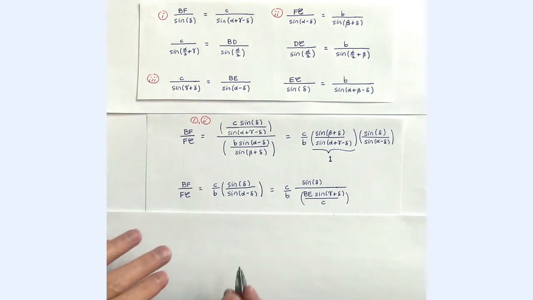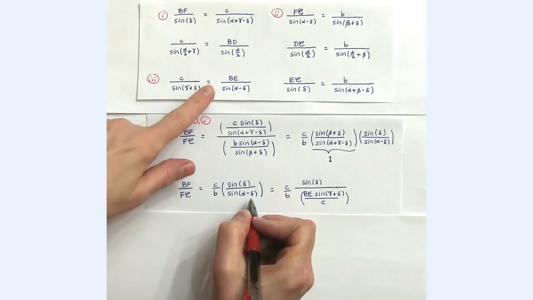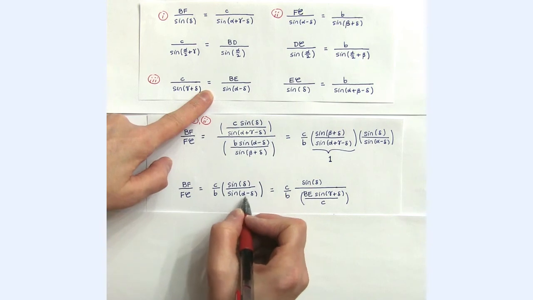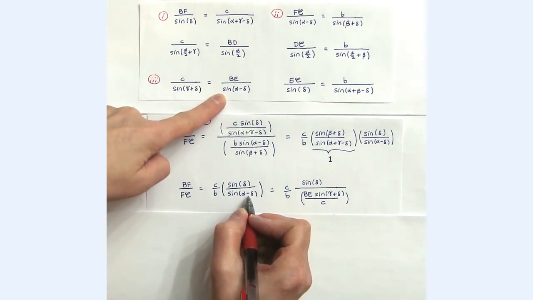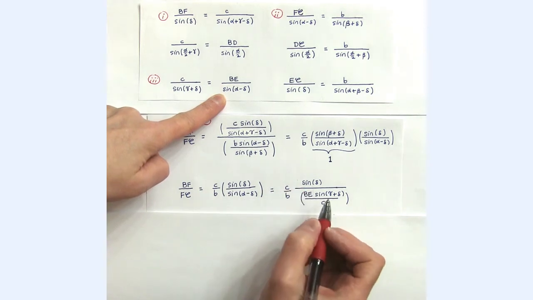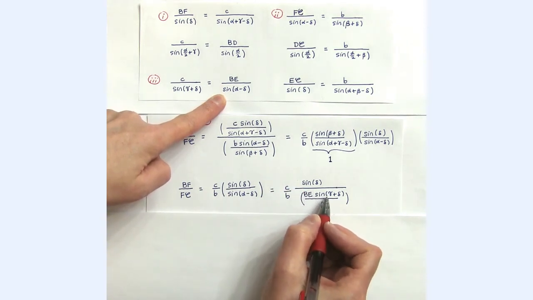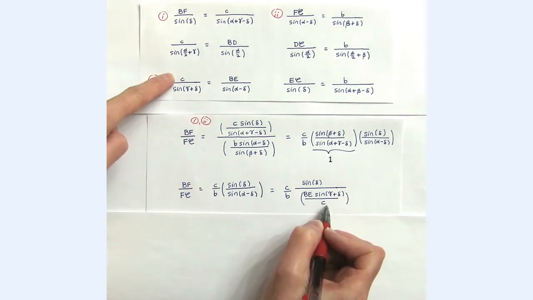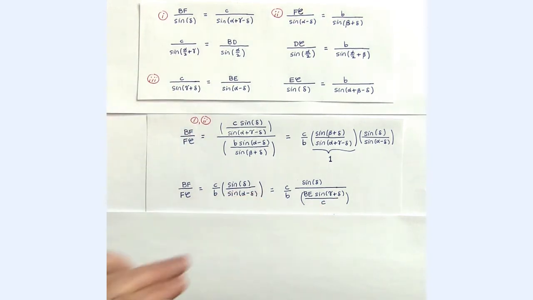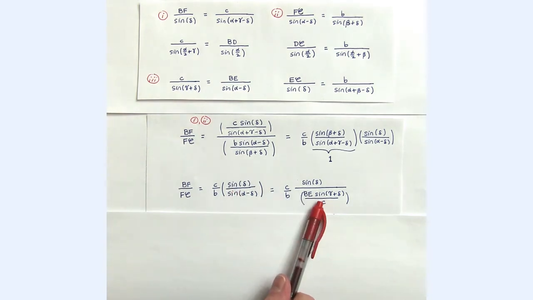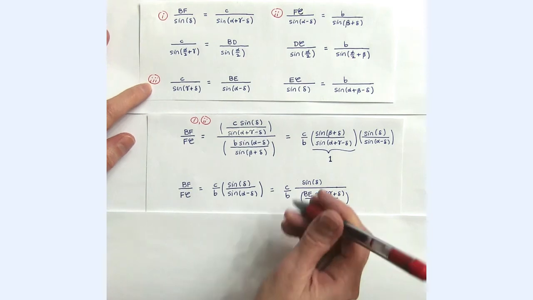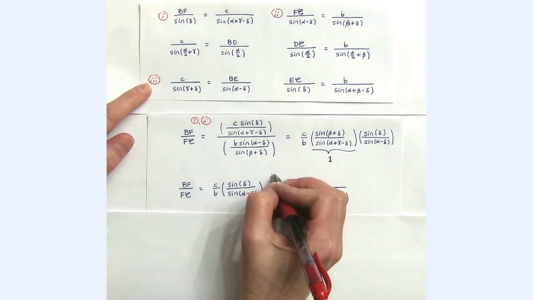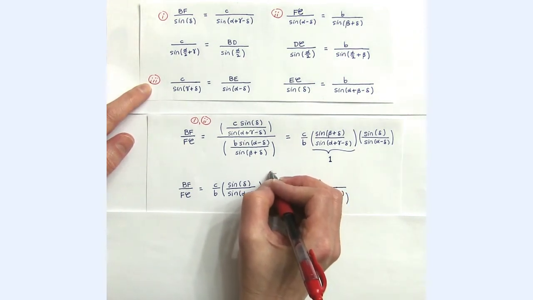So solving for the sine of alpha minus delta in this equation, I get that the sine of alpha minus delta is equal to BE times the sine of gamma plus delta over little c, like this. And so going from here to here in this step, I'm using equation 3, like this.